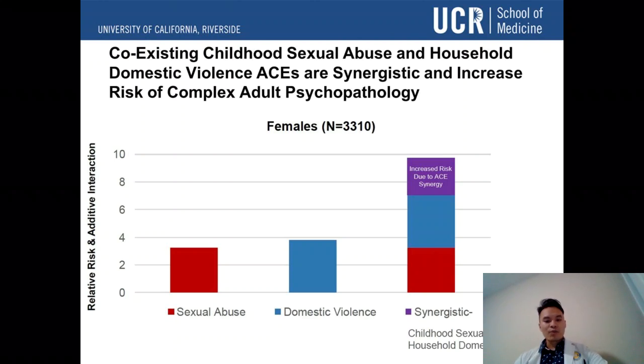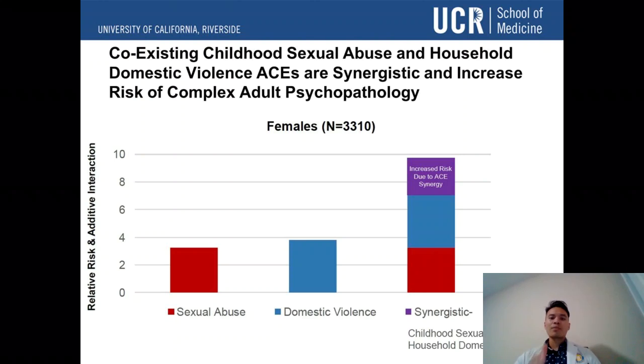So let's say we got the red block and the blue block together, and we added them up. Here you can see it's about at a 7 in terms of relative risk and additive interaction. But you can see with the purple block that there's a synergistic effect that actually increases risk.